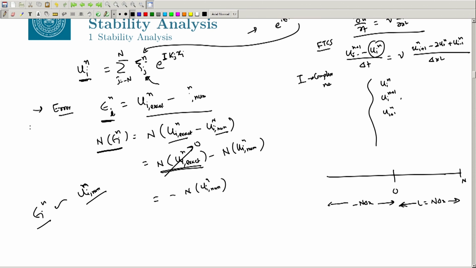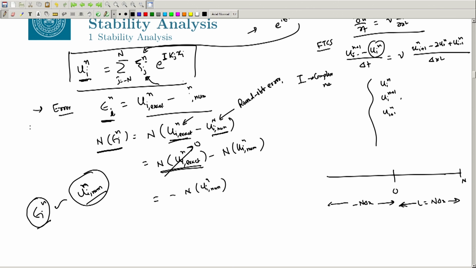Do not get confused: u_i exact is also a solution of the discretized equation, a computed solution, but it can be different because of round off error or the prescription of the initial condition. For convenience we will analyze the function itself.